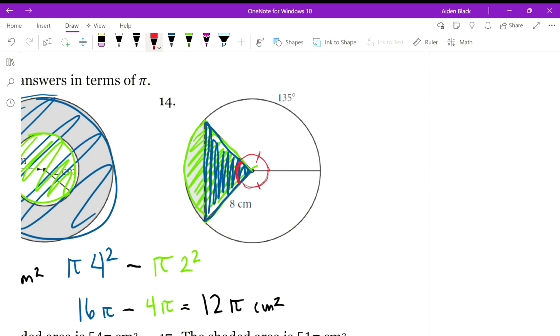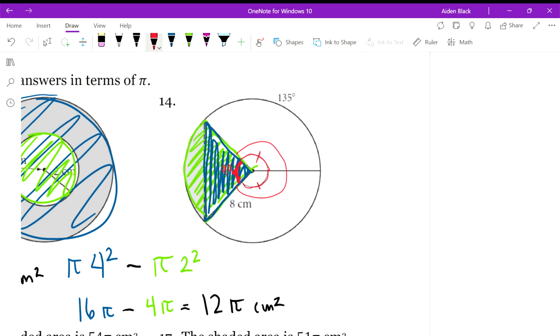And this is the same, so this must be 135. 135 plus 135 is 270. So all of this is 270 degrees, which means the remainder of it, what we want, is the difference between 360 and 270, which is 90. So this is actually a right angle. This is 90 degrees.